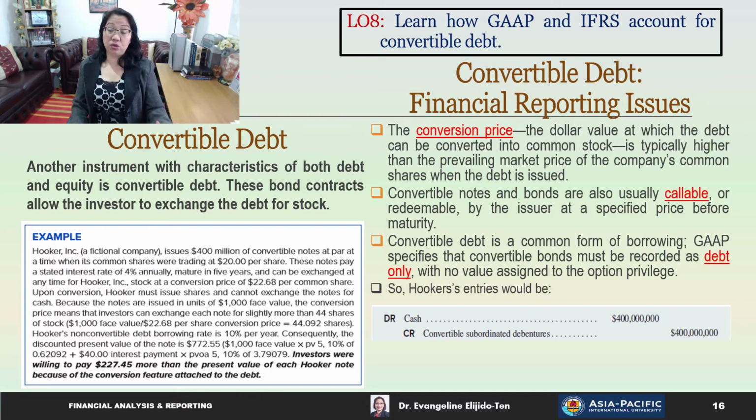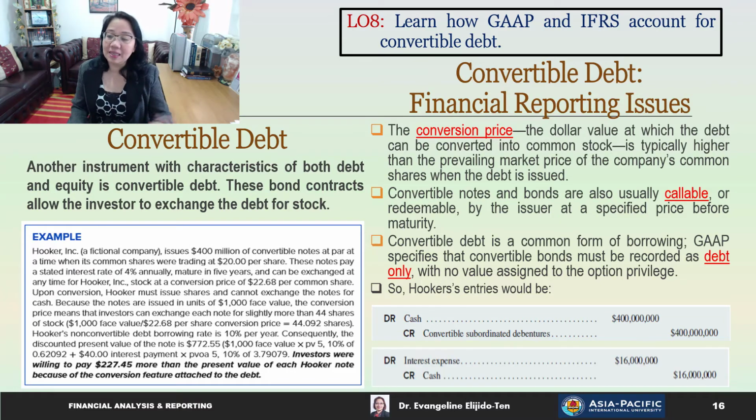So the entries would be to debit cash for $400 million and credit convertible subordinated debentures for the same amount. Then we will also be debiting interest expense and crediting cash for $16 million, the 4% interest.